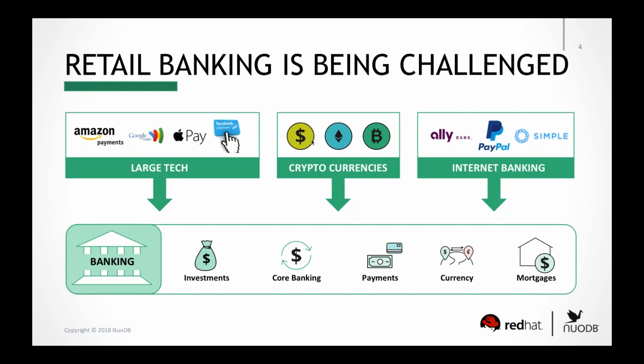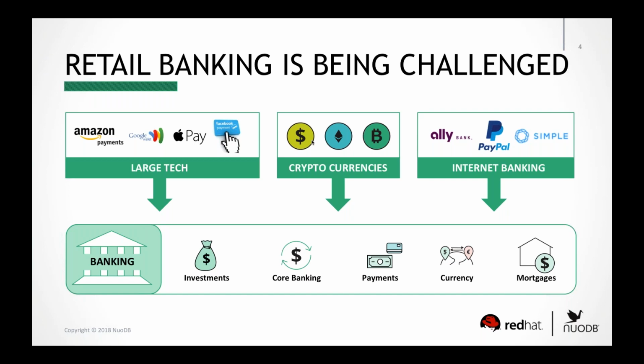Interestingly enough, the external actors of this ecosystem are starting to carve out bits and pieces of the core banking revenues in a very significant way, right? A couple of areas where this is more apparent than others.